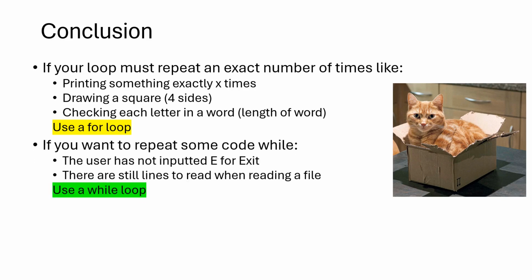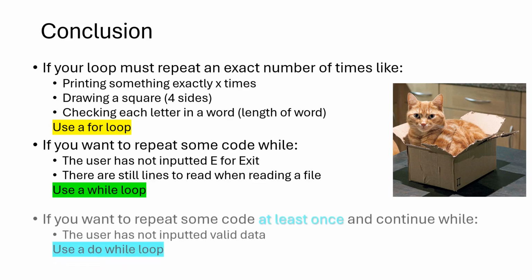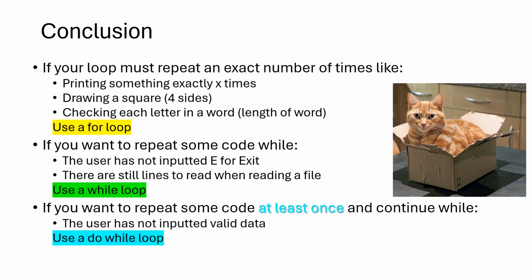If you want to repeat some code while the user has not inputted, for example, E for exit, or while there are still lines to read when you're reading a file, use a while loop. If you want to repeat some code at least once and continue while the user has not inputted valid data, use a do while loop.